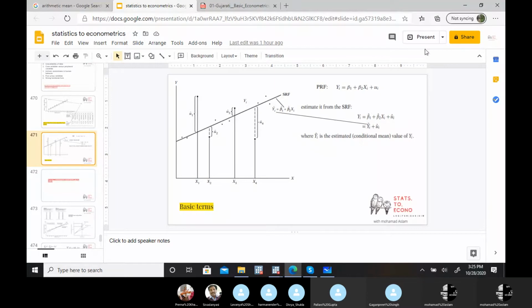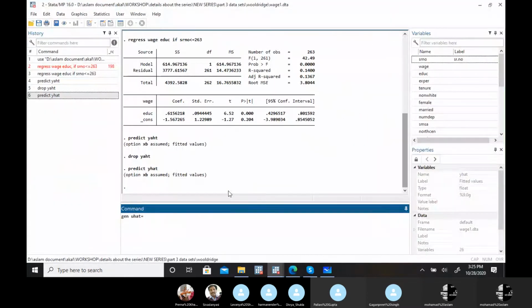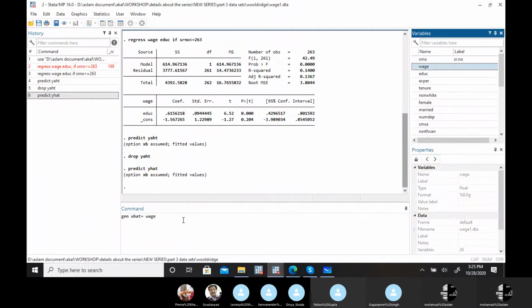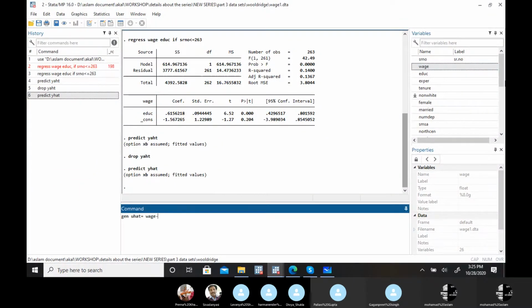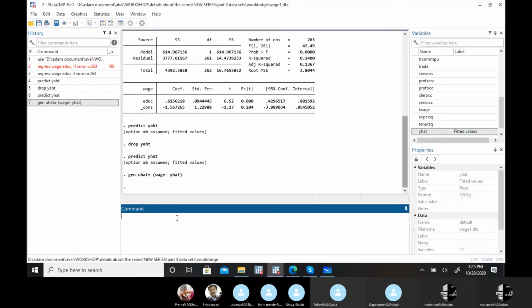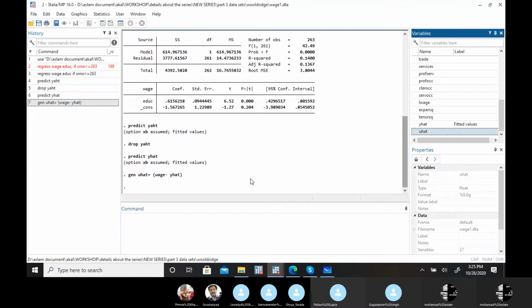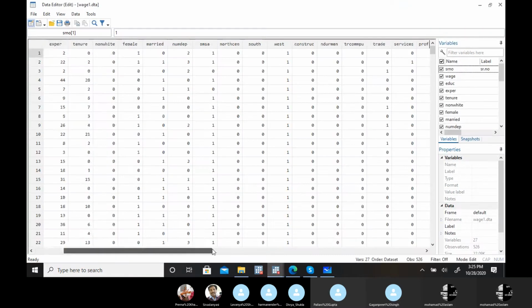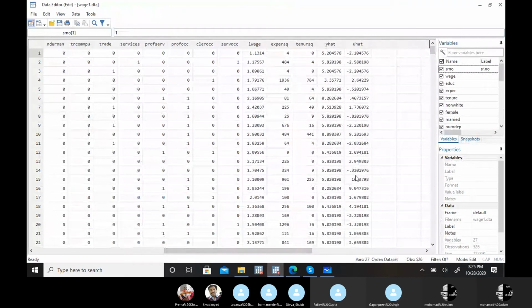Here my dependent variable is wage, so wage minus y hat, that is y minus y hat. So now we have a u hat here.